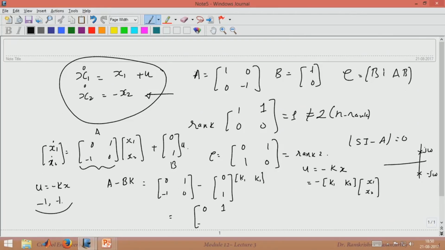Here I have minus 1 minus k1, and here I will have minus k2. So, this is my closed loop system matrix, A minus BK. Now I want the eigenvalues of this system to be at minus 1, minus 1.